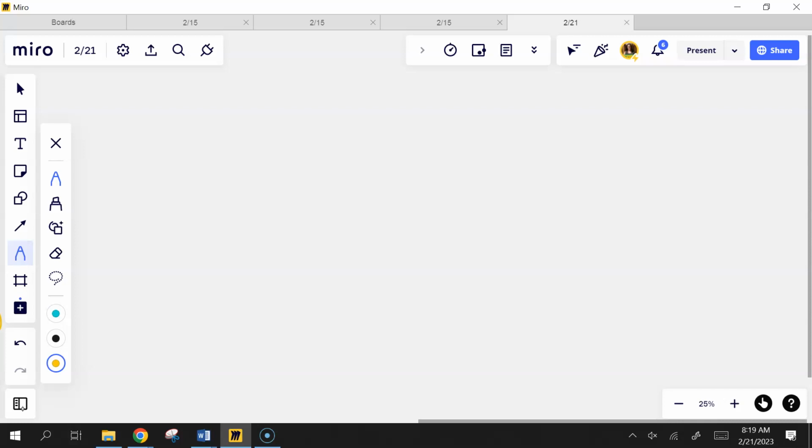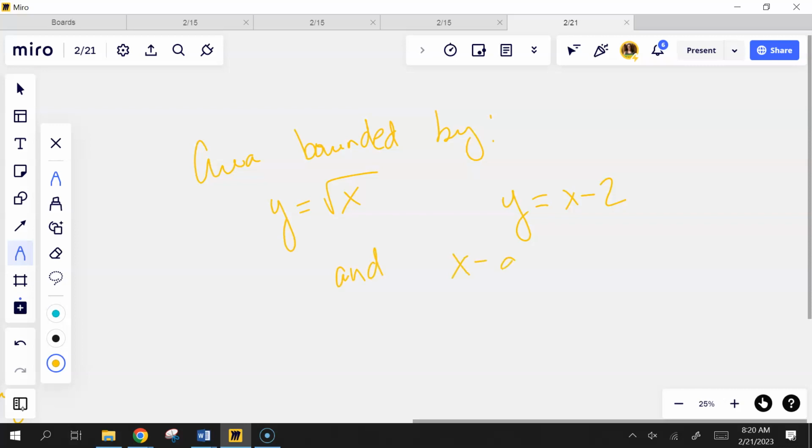Let's say, this is a good one, find the area bounded by the curves and the x-axis.